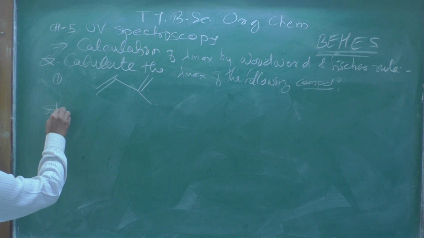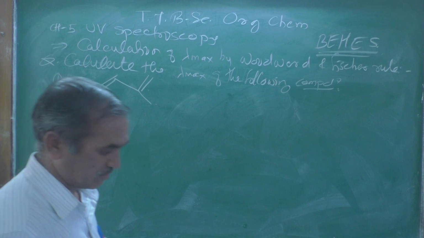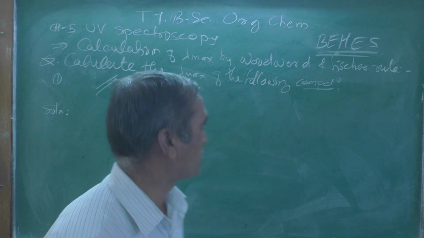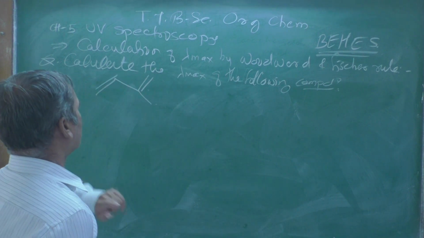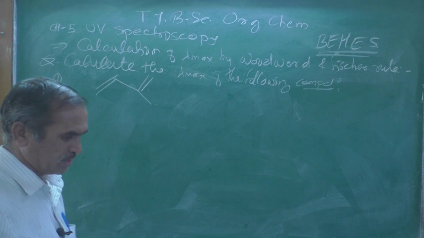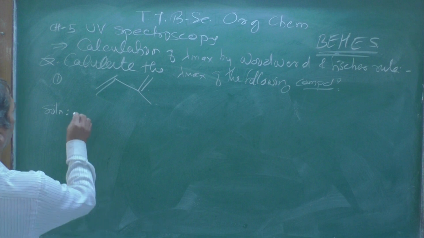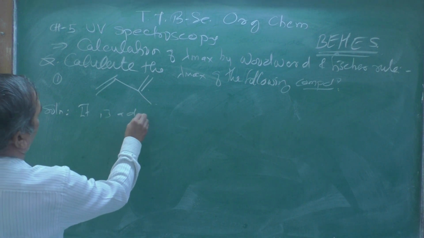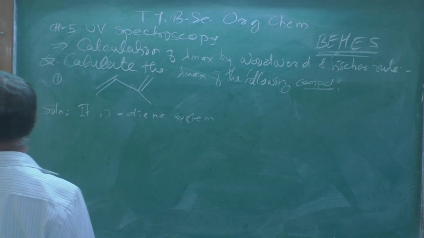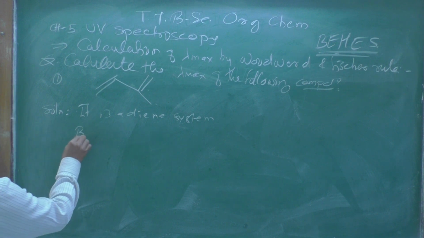While solving, first of all identify the system. What type of system? If you observe this structure carefully, what do you see here? Carbon-carbon double bond, single bond and double bond. Is it a diene system? Yes, it is a diene system. First you write it is a diene system. Then you have to write the base value.